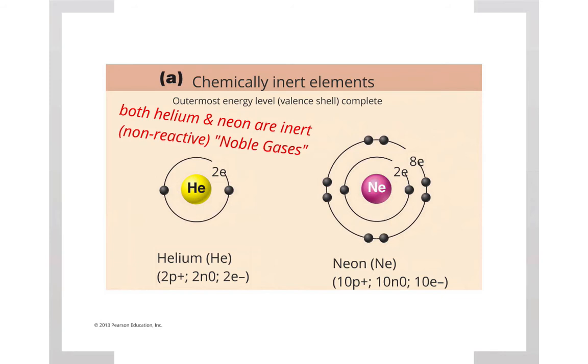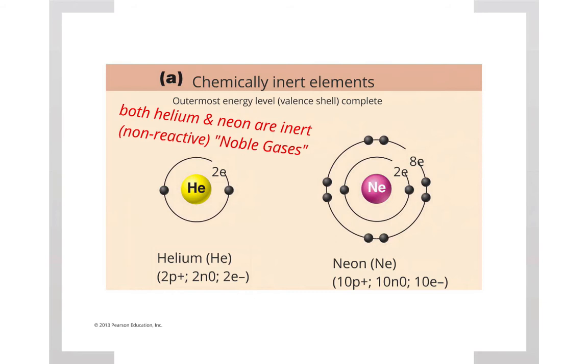Two examples of inert elements are on the screen now. That would be helium and neon. They are both noble gases. Helium is kind of a special case. It's the smallest of the noble gases, and it's full with 2 electrons in its outer shell. Those 2 electrons completely fill that inside shell, and it's the only one that helium's got.